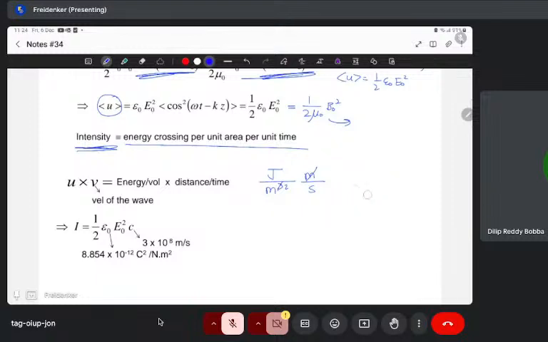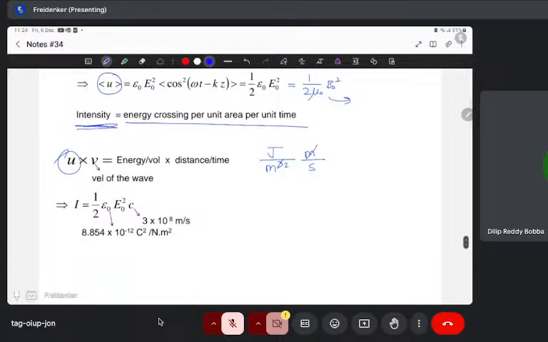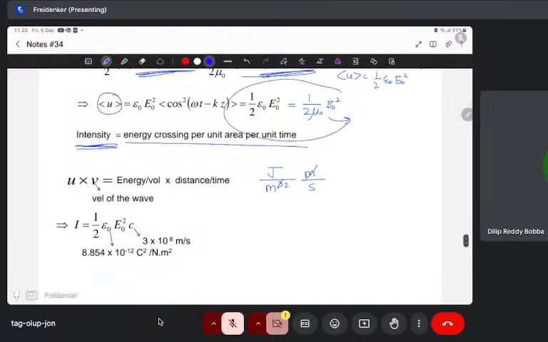So if you multiply energy density with the velocity of the wave, you're getting intensity. I'll take the average energy density. This average energy density into velocity will give me my average intensity.